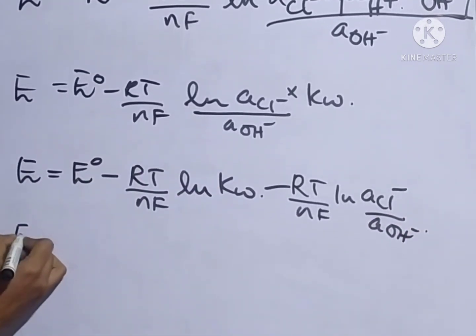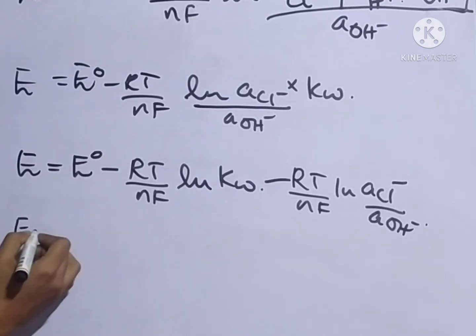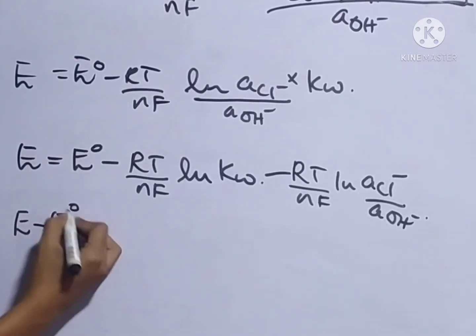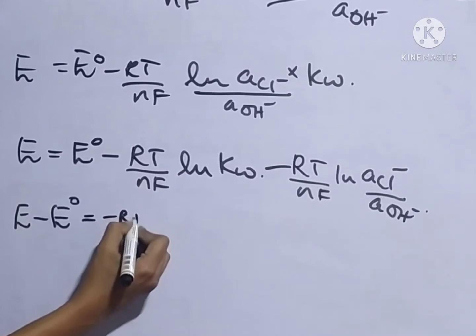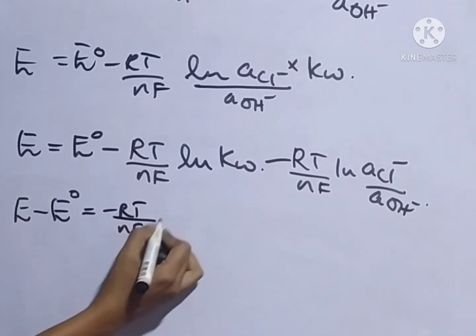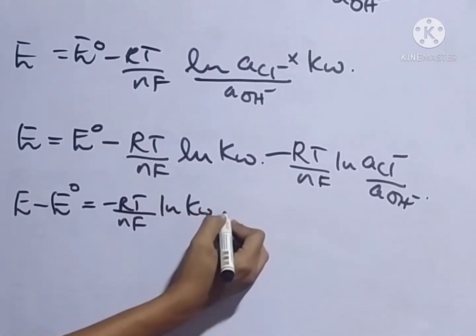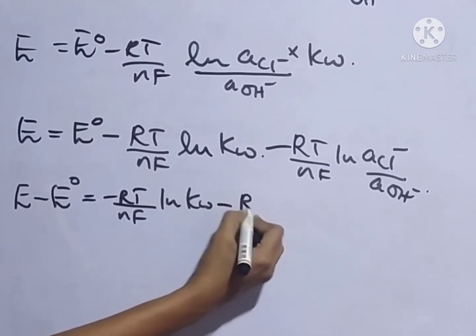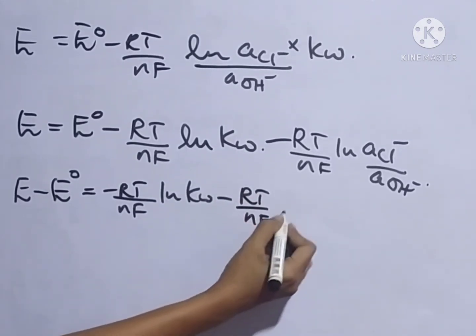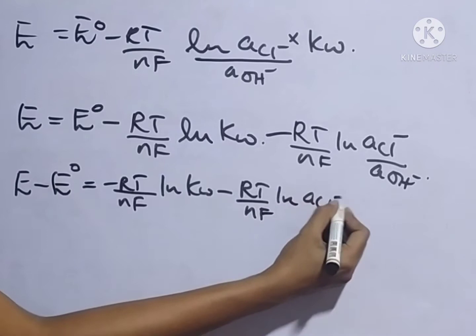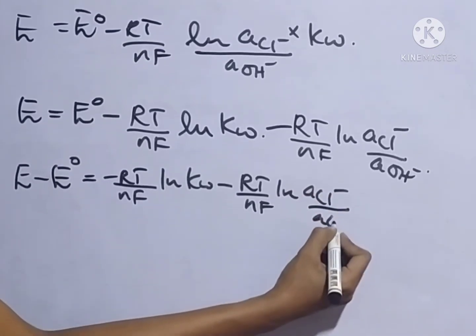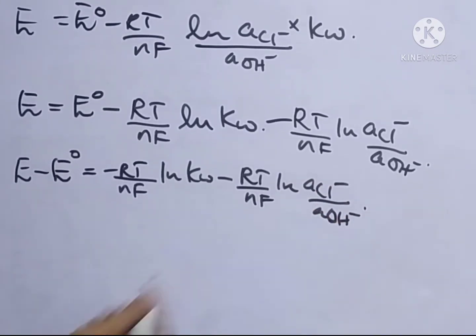And if I bring the E0 term to the left, then E minus E0 equal to minus RT by NF ln Kw minus RT by NF ln ACl minus divided by AOH minus.